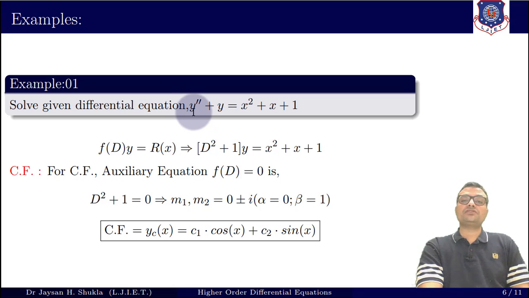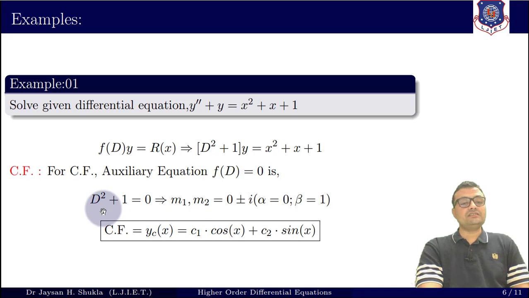Suppose I have this equation y double dash plus y equal to x squared plus x plus 1. The first step is to consider the complementary function. And before that, we need to consider the operator form. So the operator form of this equation is D square plus 1 times y equal to x squared plus x plus 1. For the complementary function, I am taking the auxiliary equation f of D equal to 0.